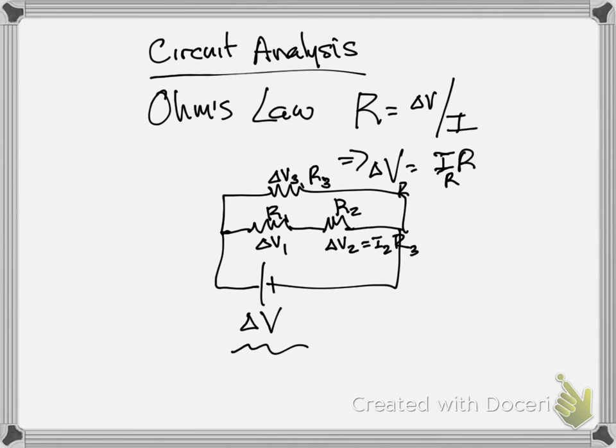And the other part of circuit analysis is Kirchhoff's rules. So remember what Kirchhoff's rules are? There's one which is the loop rule. The loop rule says that the sum of all the potential differences through a closed loop equals 0.